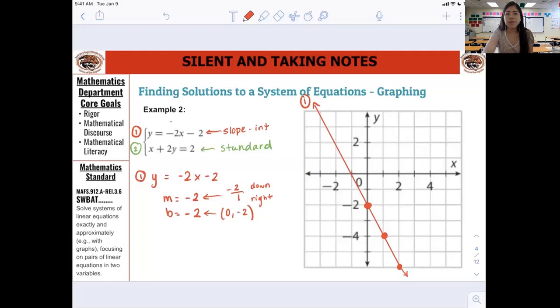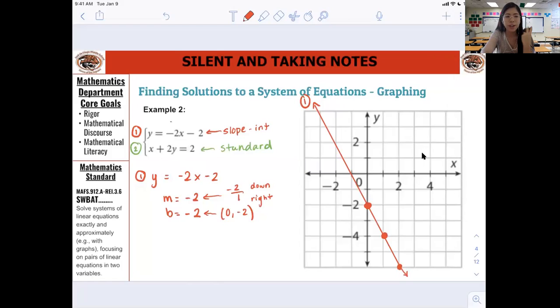Negative because the slope is negative. Okay, now I have to deal with the second equation. Now, it's in standard form. I know I have 2 strategies. What do you guys want? I'm only going to use one. Should I use strategy number 1, where you find the intercepts? Or should I do strategy number 2, where you have to isolate the y? Go ahead and put it in the chat.